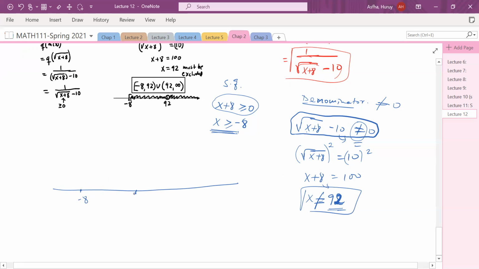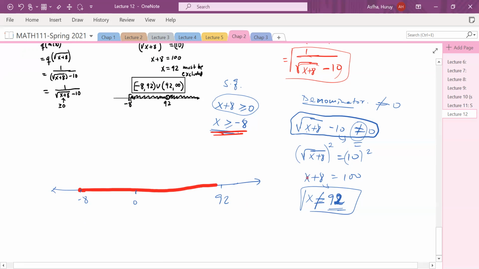So let's put those two numbers on a number line. Let's say this is -8, and we have 92 here, with the line going to the right and to the left. Using the first restriction, x is greater than or equal to -8, so starting from here, it's included, and we go to the right.